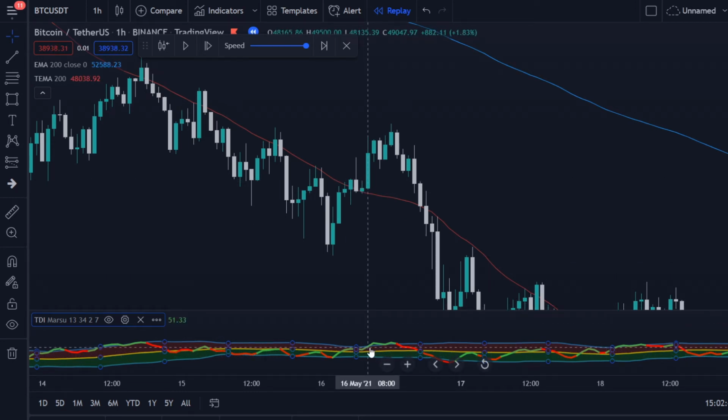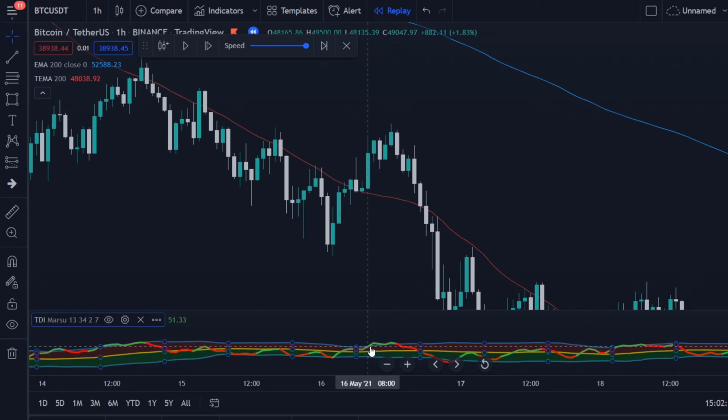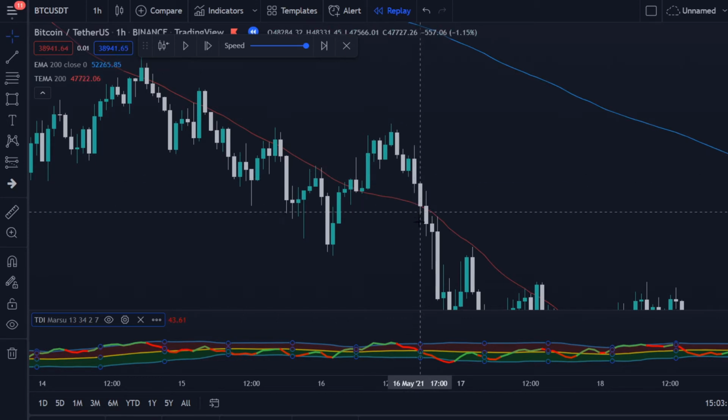And then we need to make sure that the green line, and for a sell trade, we need the green line to go out of the band, of the blue band, and when it comes back in the band, then we are looking for a trading setup, because the next thing we need to do is wait for the price to close below the red line, below the TEMA, which is about here on this candle.